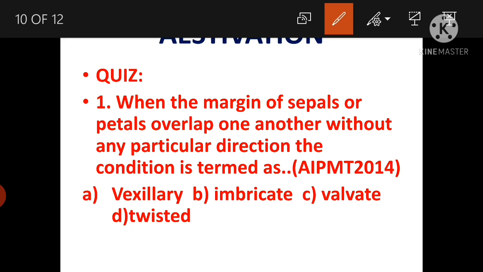Any particular direction not being present means it is imbricate. So the answer is imbricate, and it was asked in AIPMT in 2014.